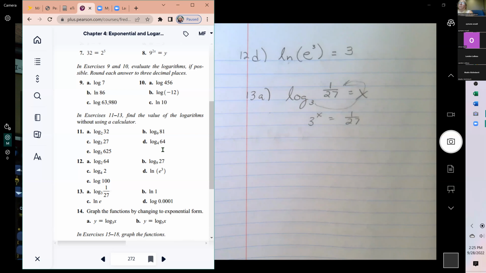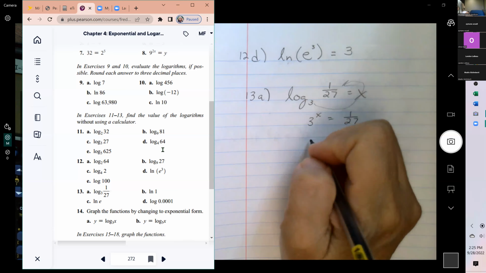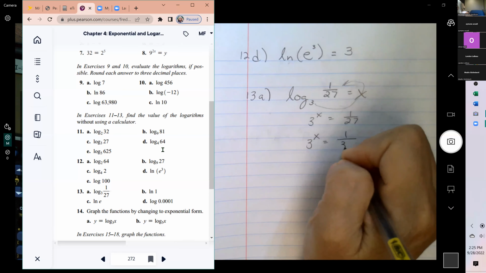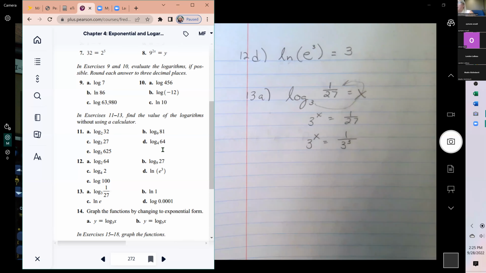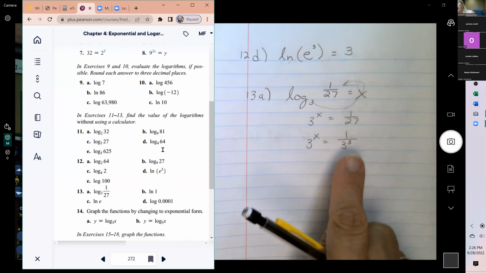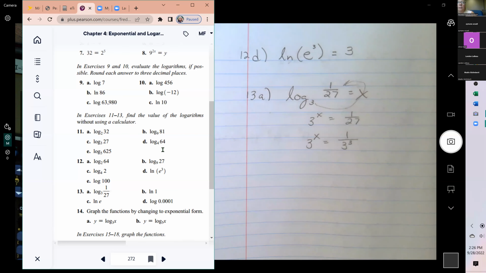We know that 27, 3 times 3 is 9 times 3 is 27, is 3 cubed. But it's in the denominator. What do I have to do to move it up? Anyone?